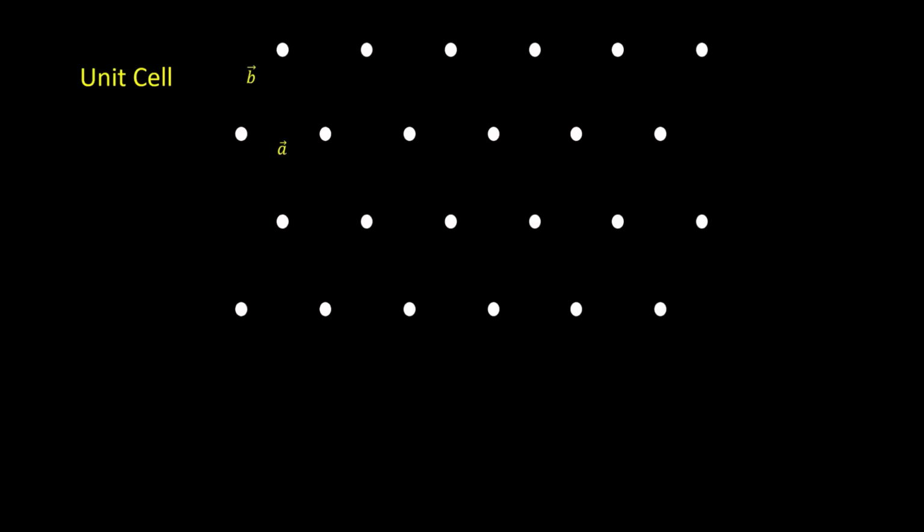Now to describe a crystal structure, it is often convenient to subdivide the structure into small repeat entities called unit cells. So let's see what those unit cells are. These unit cells can be considered as the building blocks of the crystal.